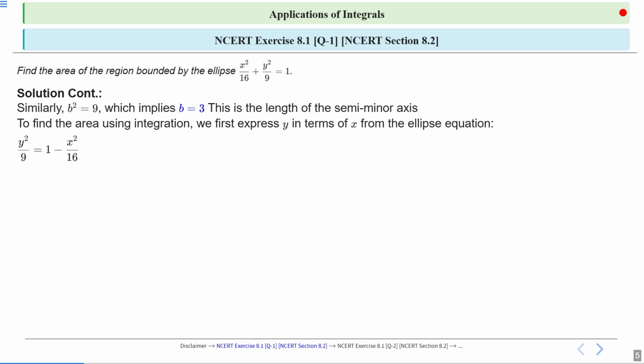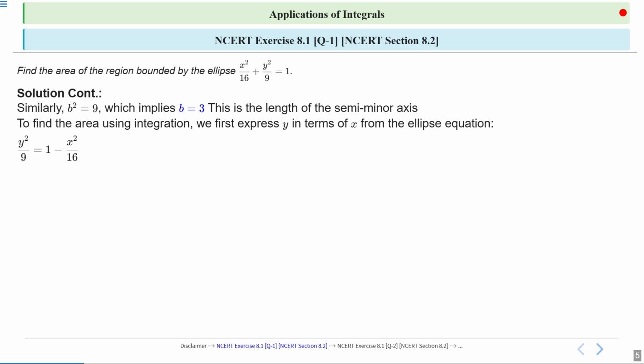So to calculate the area, we take a thin strip parallel to the y-axis, a vertical thin strip, and at first we calculate the area of that vertical thin strip. The area of that is, width is dx and length is y, so y dx.